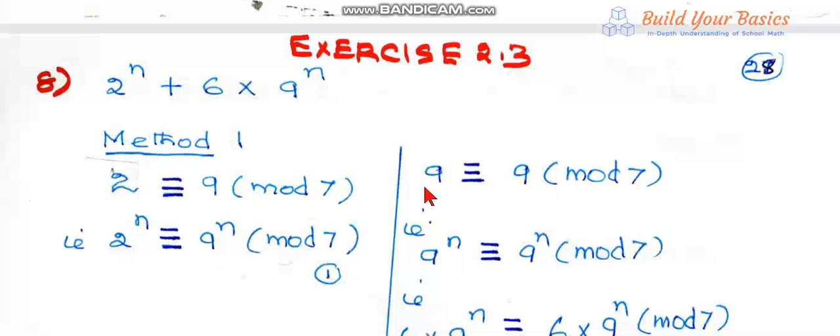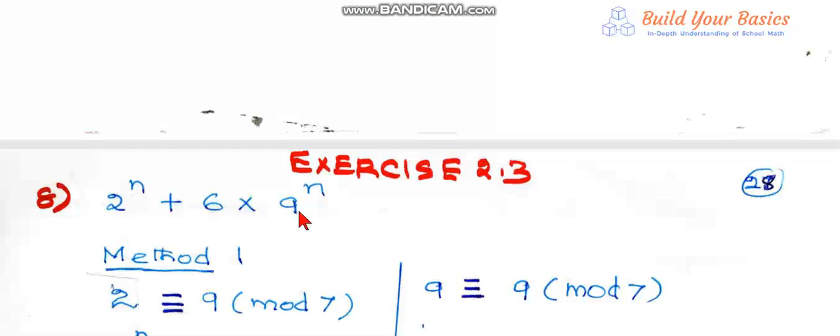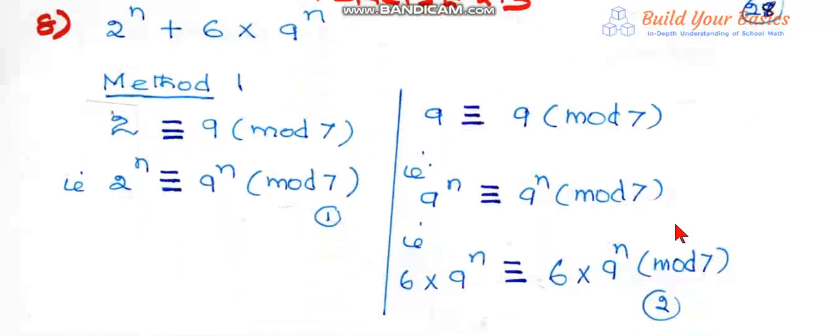Also, 9 can be written as congruent to 9 mod 7. We want 9 power n. So 9 power n is congruent to 9 power n mod 7. We want 6 into 9 power n. So multiply this by 6. 6 into 9 power n is congruent to 6 into 9 power n mod 7.